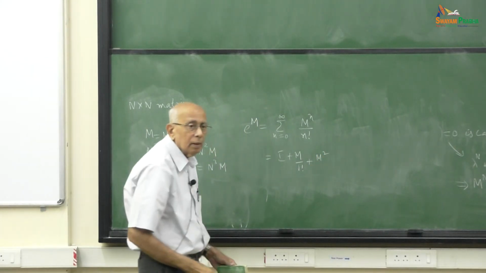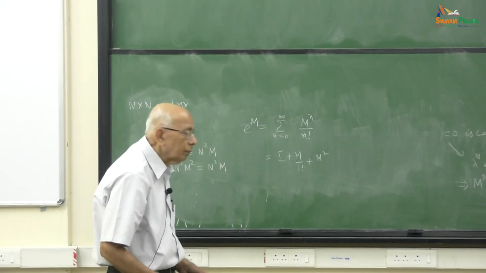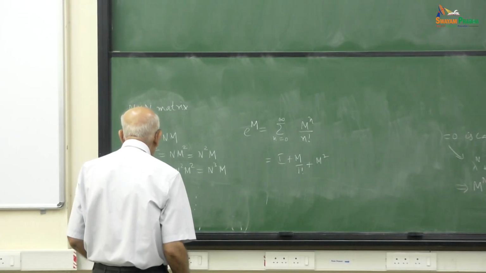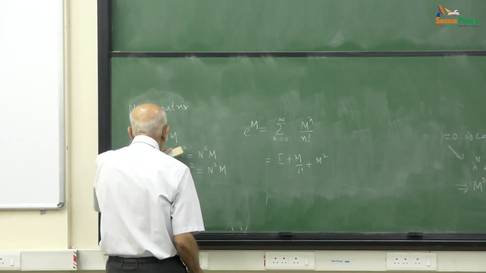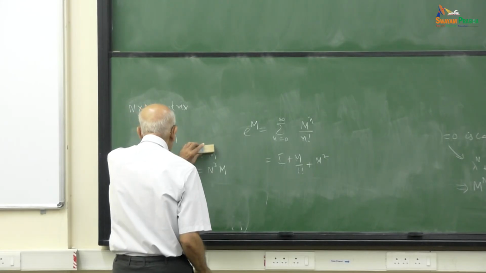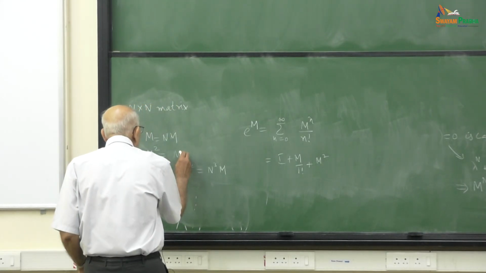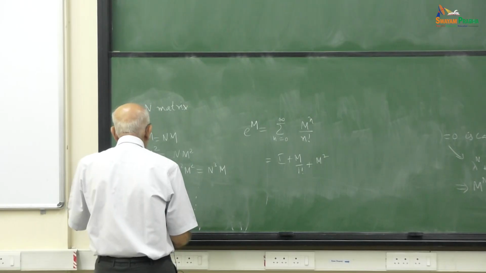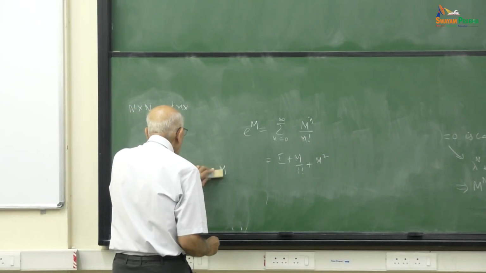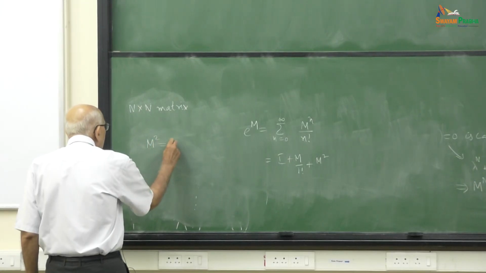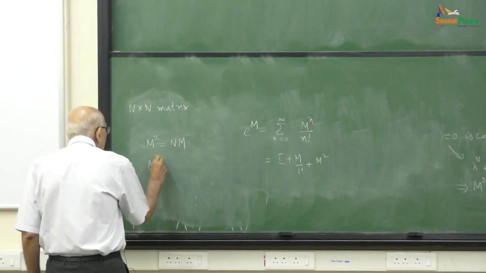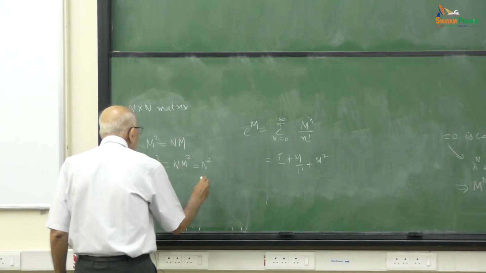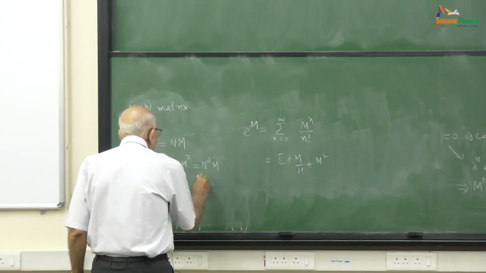Yeah, one second. Won't m squared be n squared m? Sorry, you're right. M squared is nm. We start with m squared is nm. That's it.